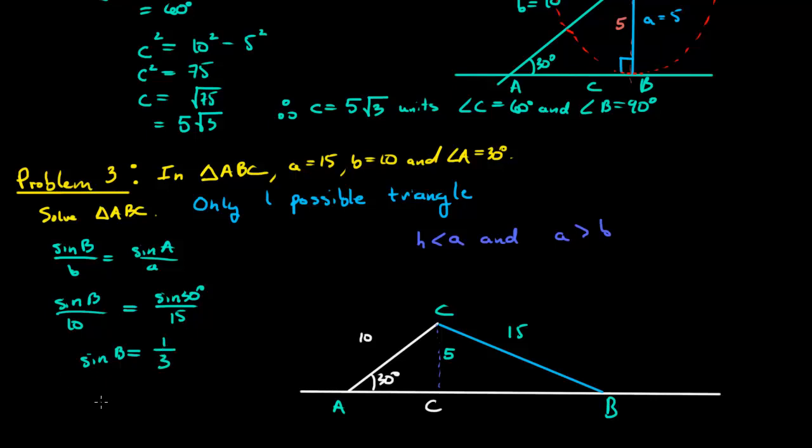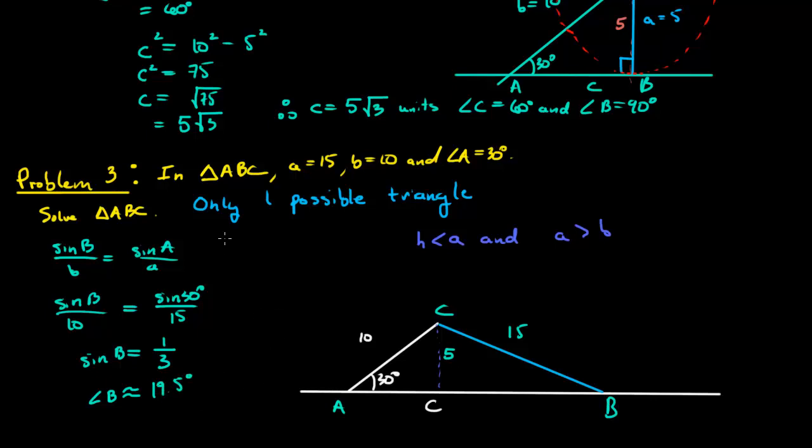So sine B is equal to 1/3. We can then take the inverse sine of both sides of the equation to figure out that angle B is approximately, the inverse sine of 1/3, which is 19.5 degrees.